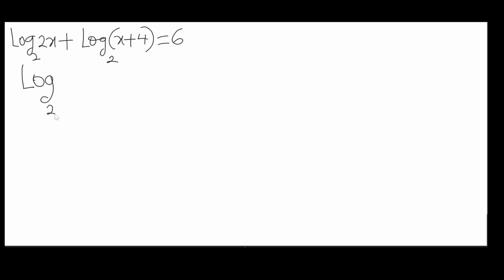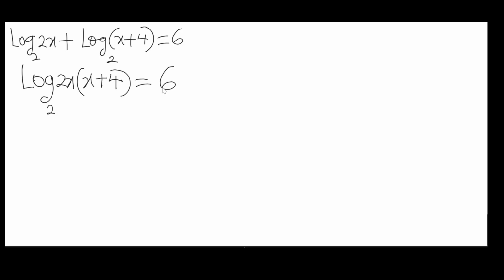What will I do with the argument? I'm going to multiply them together, which is 2x multiplied by the second argument, x plus 4, equals 6.